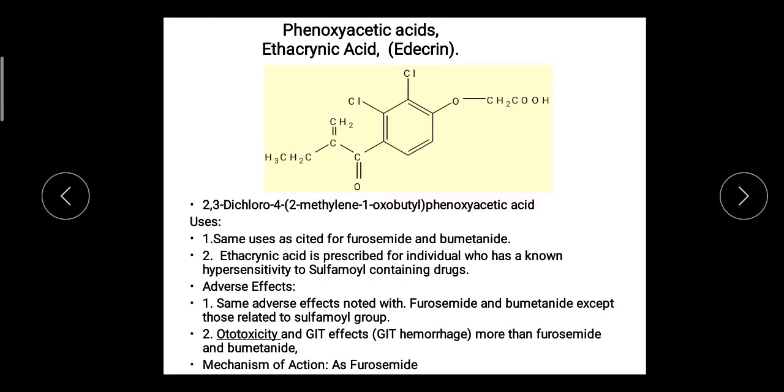Ototoxicity, meaning toxicity to the ear, and GIT adverse effects are produced more than with furosemide and bumetanide. The mechanism of action is similar to furosemide. Ethacrynic acid blocks the sodium-chloride-potassium channels at the loop of Henle, and in this way causes the diuretic effect.